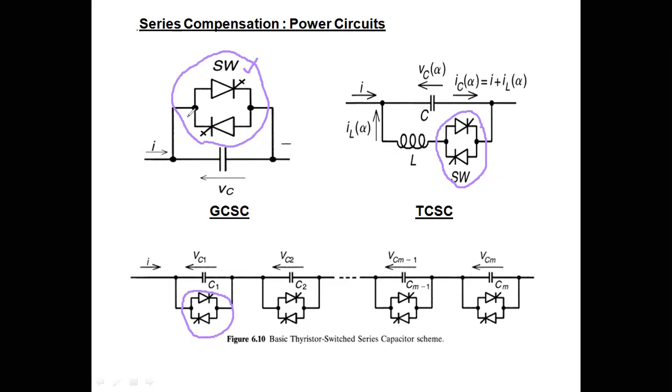Then in the first case, we are just adding a switch along the capacitor. That's all. Depending on the switch condition, the capacitance will be acting or not. That depends on the switch position. When the switch is on, the capacitor will be bypassed.